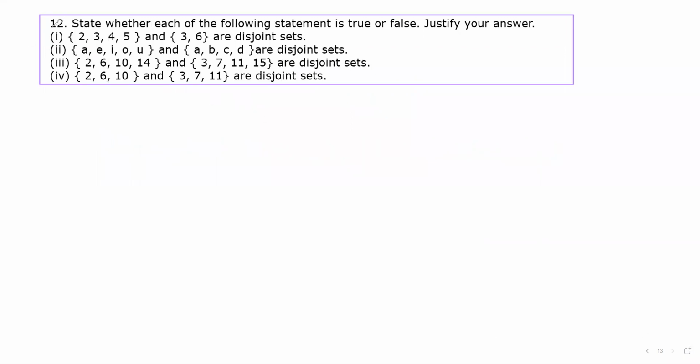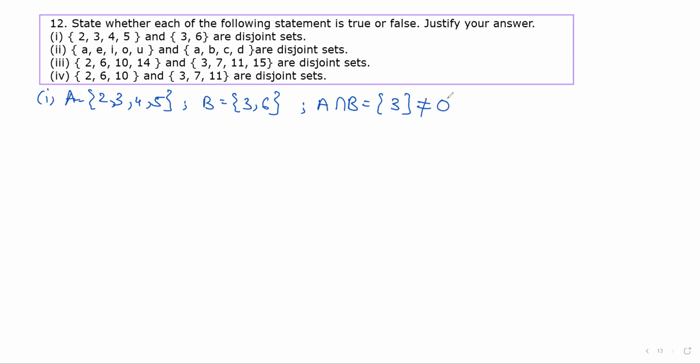State whether each of the following statements is true or false. Justify your answer. First, {2, 3, 4, 5} and {3, 6} are disjoint sets. As you can see, if you consider A equal to {2, 3, 4, 5} and B equal to {3, 6}, your A intersection B is equal to the element 3, which is not equal to the empty set.